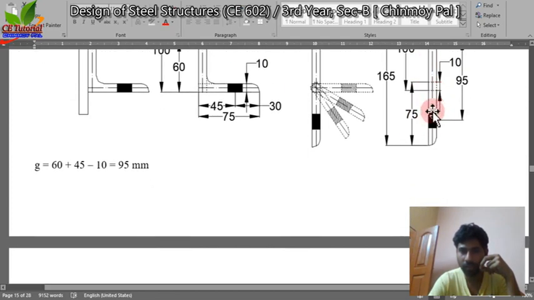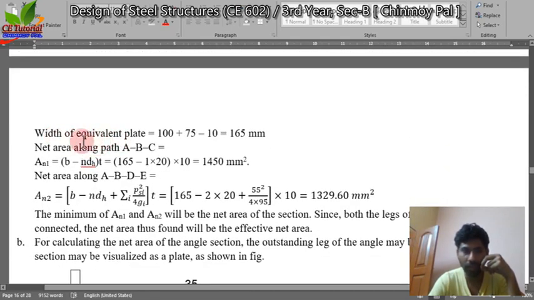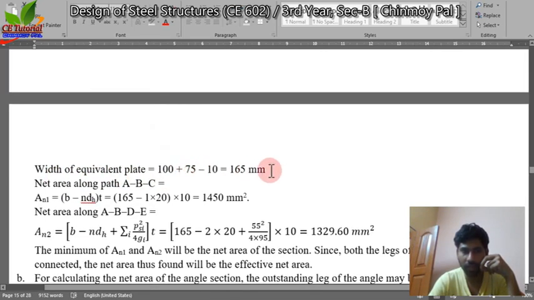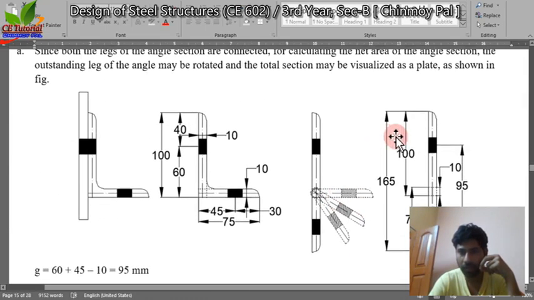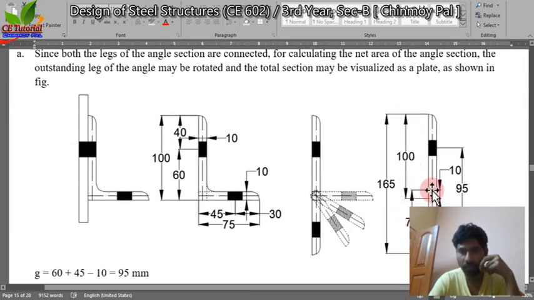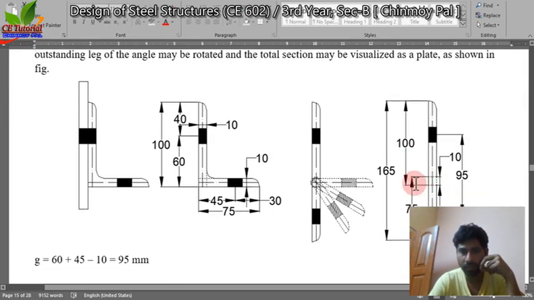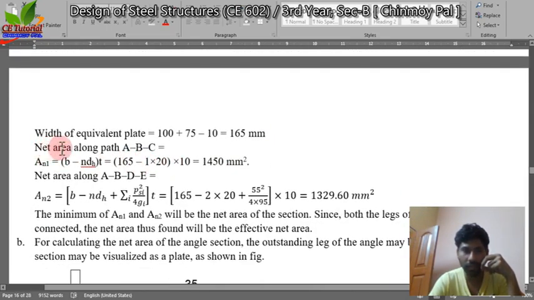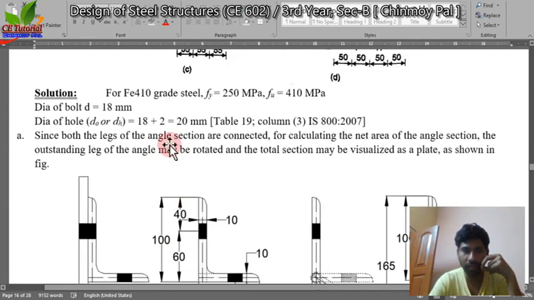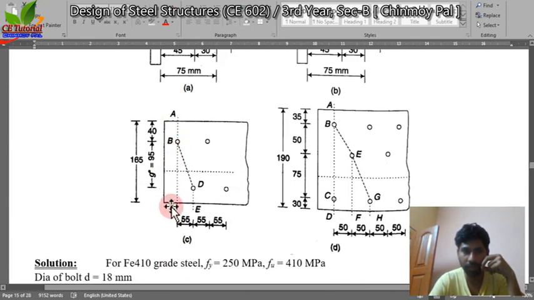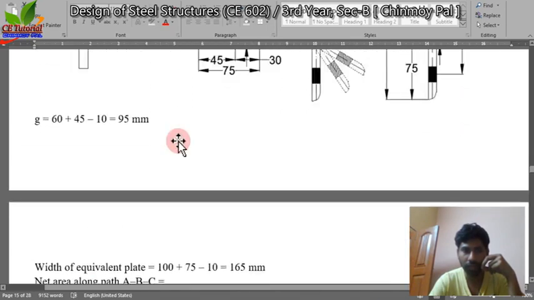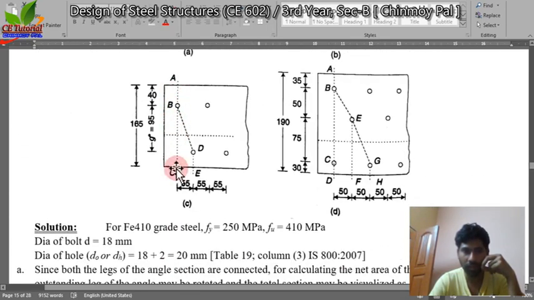We are considering this as a plate. Now the width of the equivalent plate is 100 plus 75 minus 10, that is 165. 100 plus 75 minus the overlap portion, that is 10, total 165. And net area along path ABC, you can see ABC, there is only one bolt and no diagonal distance is there.